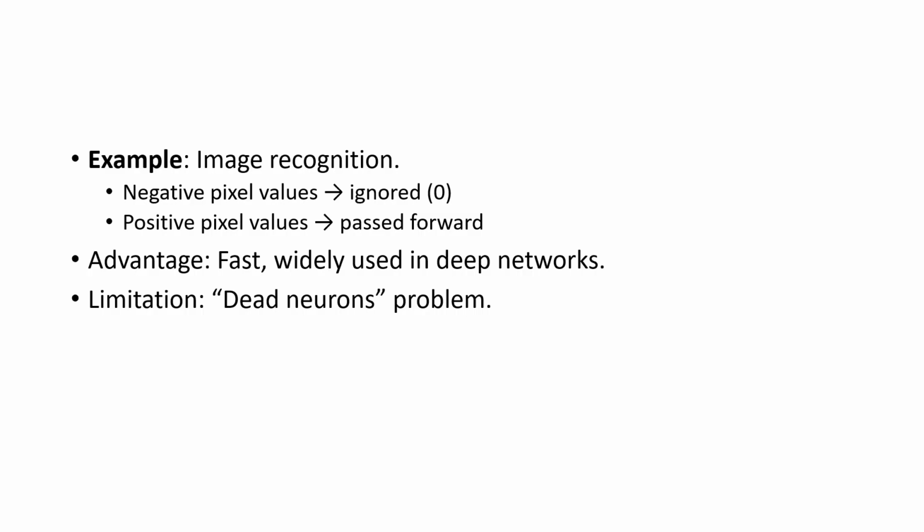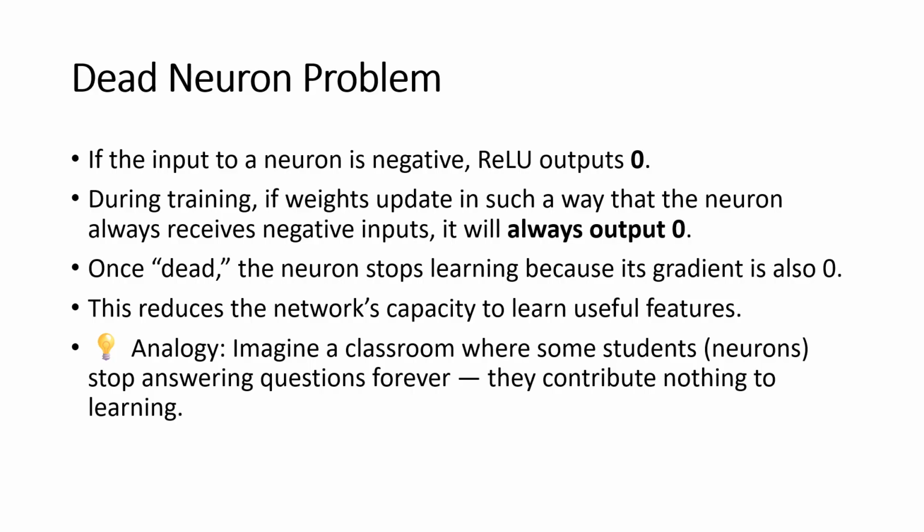For example, it ignores the negative pixel values and only passes forward the positive values. So it is mainly used in hidden layers for computations. It has a problem known as the dead neuron problem. If the input to a neuron is negative, ReLU always outputs a 0, and if the input to a neuron is positive, then it outputs that value.